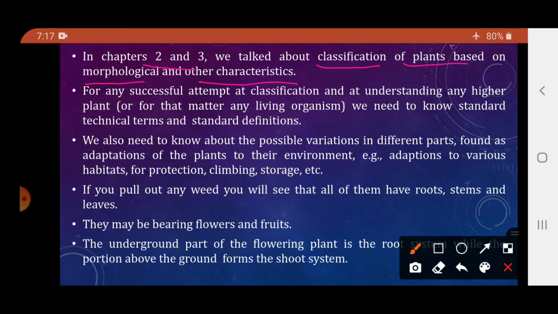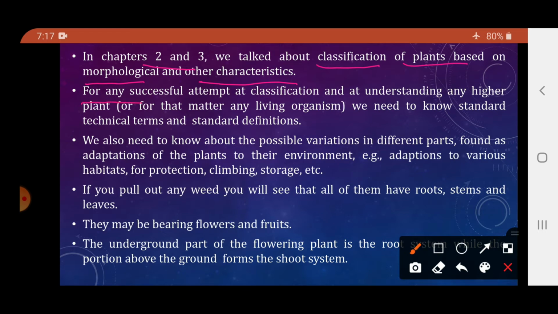So to make the classification a success, the knowledge of morphology is a must. Morphology helps us in classifying the organisms.